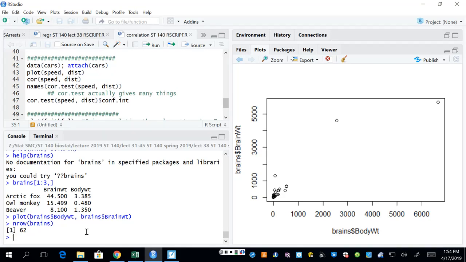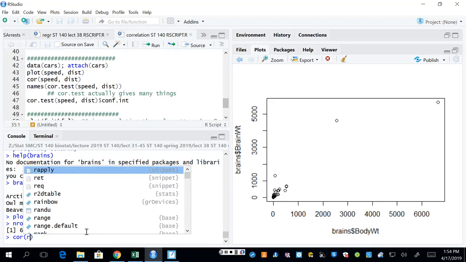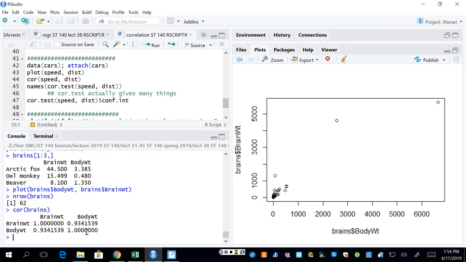Does this relationship look, do you think there's a high correlation between these two things? Does it look kind of straight? When it's like this, the correlation is going to be really quite high. So there's 2 variables there, so I can just type the correlation of it, and it will give me the correlation is 0.93.